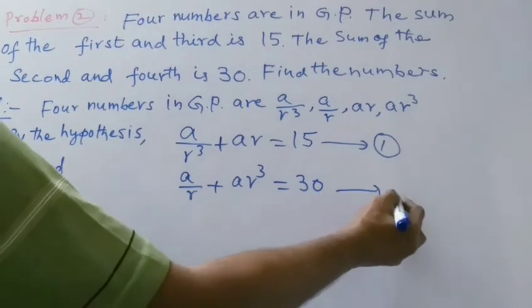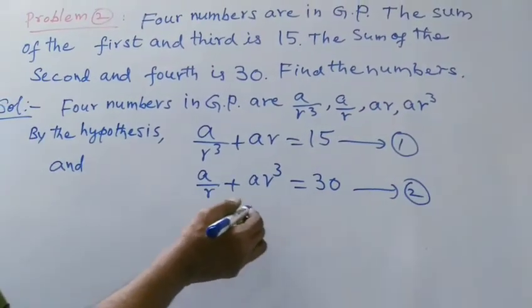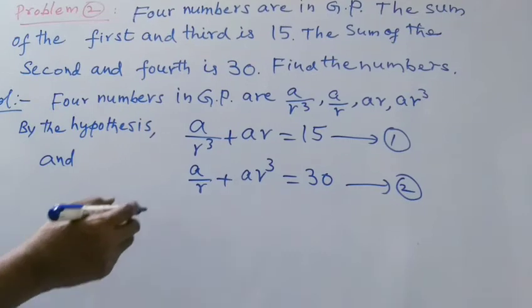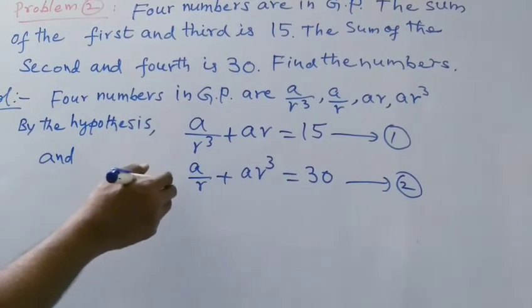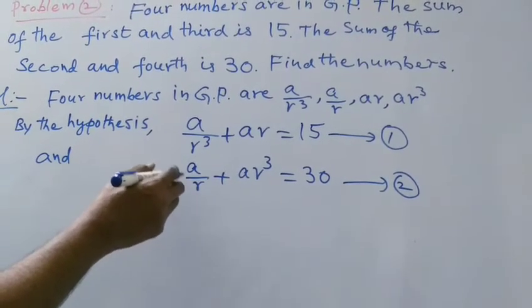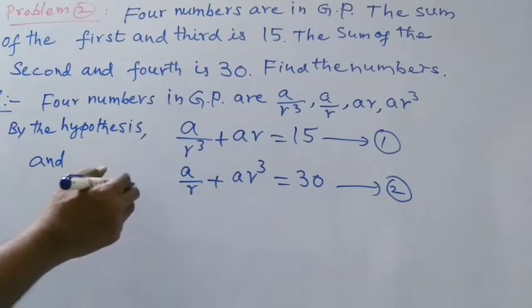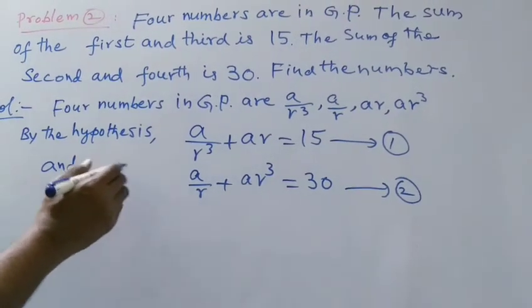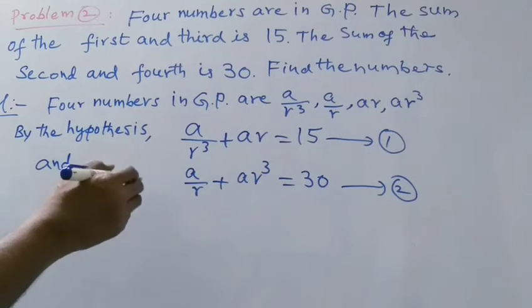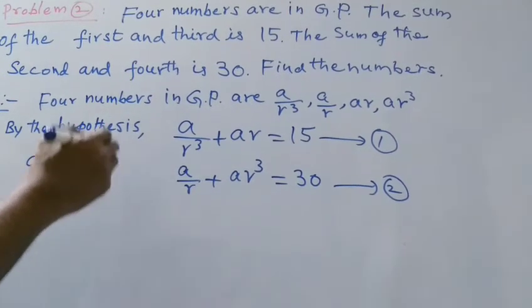It indicates the second relation. Now by using the first one and second one, we have to find the common ratio value, and the first term also.